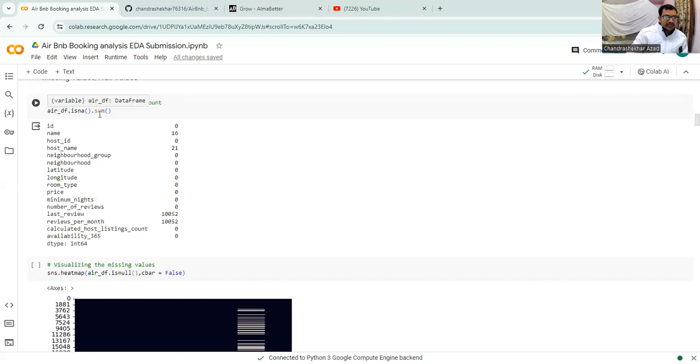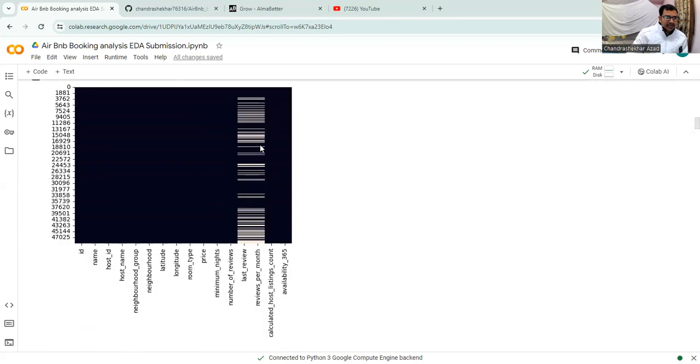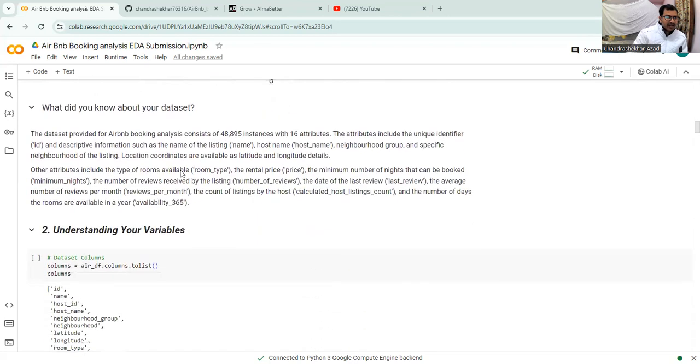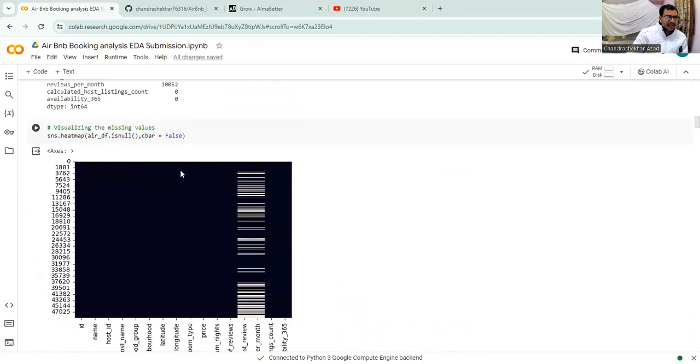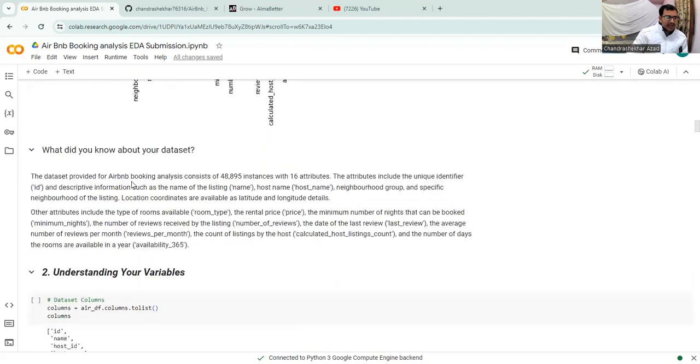The .isna method shows the total number of null values present in the dataset. Viewing this, we can see the number of null values present in each column. From the following operations, we can conclude that the Airbnb booking analysis consists of 48,895 instances with 16 attributes.